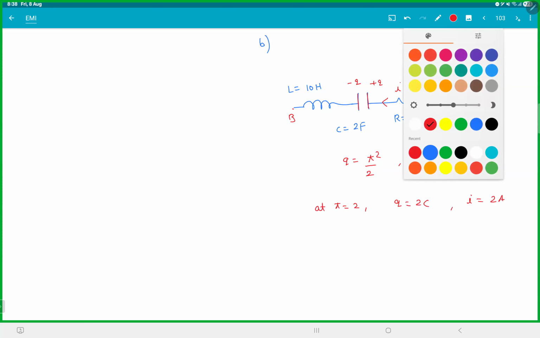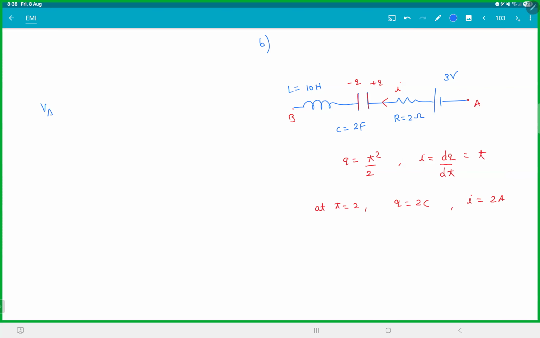Now apply Kirchhoff's law from A to B. So VA, you are going in the battery from negative to positive terminal, plus 3. You are going in the direction of the current, minus IR. Then you are going from positive to negative plate, minus Q by C. Then you are going through an inductor, minus L di by dt. Like I said, if nothing is mentioned, assume always the inductor is opposing. The signs will take care of it.